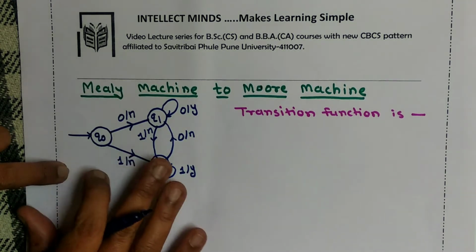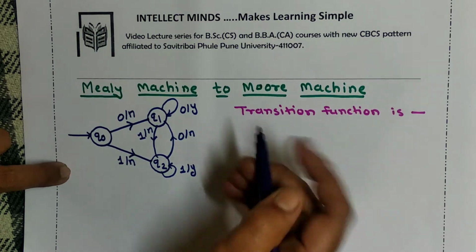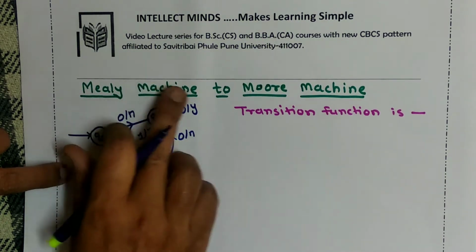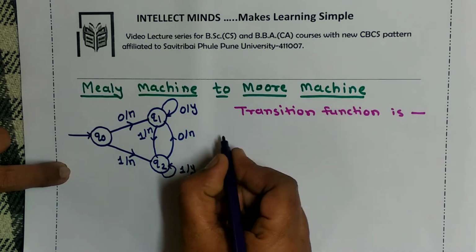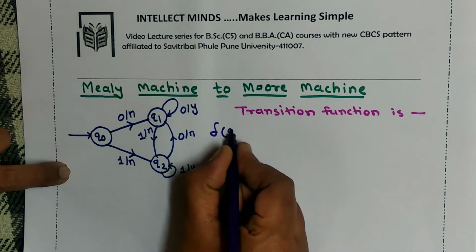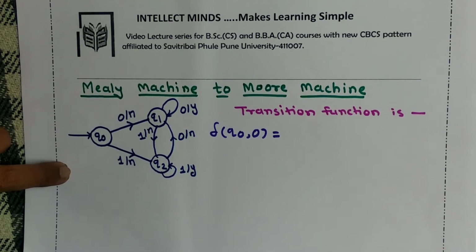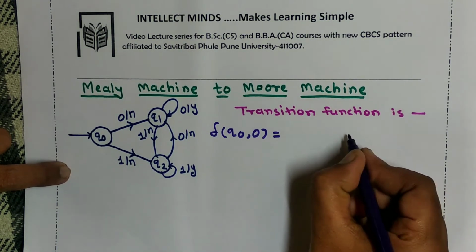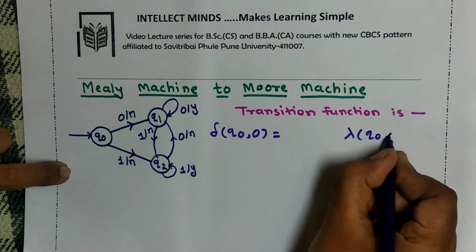So for the given diagram, I am going to write the transition function. How to write the transition function for converting Mealy machine to Moore machine? See the technique. Delta of Q0 over 0, you have to write where it goes, and side by side you have to write lambda of Q0 over 0.